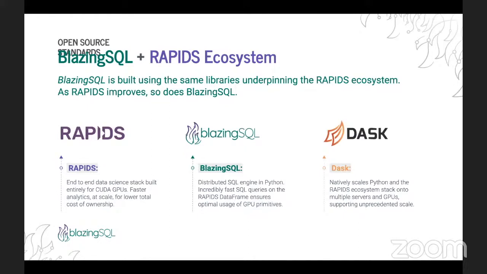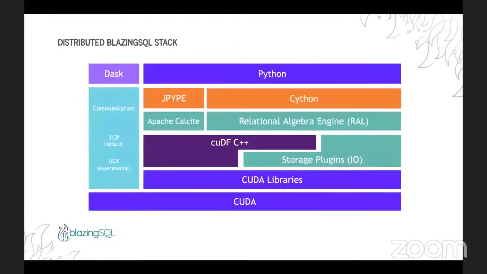And Dask allows us to scale it up, so take it from a single machine with a single GPU to a cluster of machines. We have successfully run up to a 700 machine cluster using Dask, running Blazing SQL and Rapids in the past.